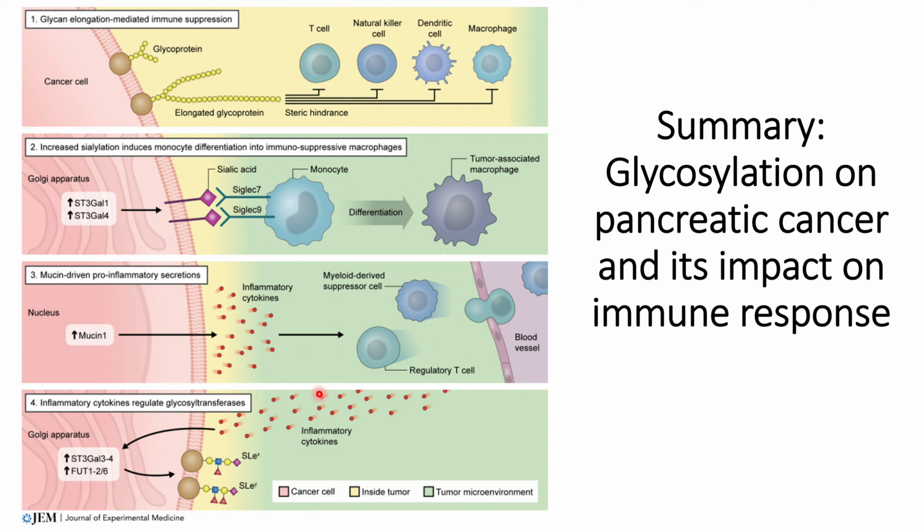So these are some of the ways by which dysregulation in the glycans leads to the suppression of the immune response, and at the same time promotes tumor progression.